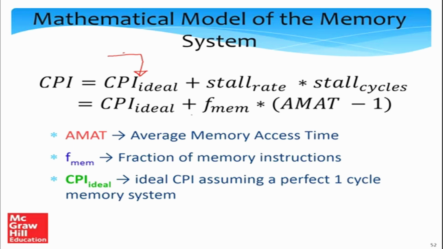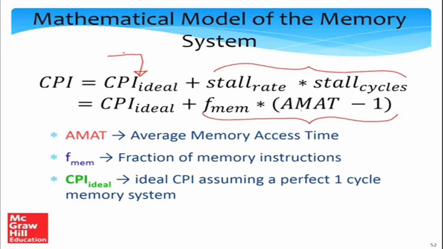What we do now for the memory system is take this term over here and replace it with an equivalent term, which is this. We consider the fraction of memory instructions in the program and multiply this fraction with the average number of stall cycles per memory instruction. This will give us the total stall cycles per instruction.